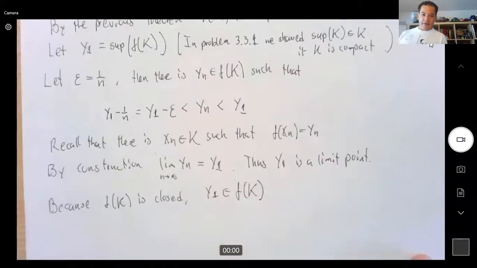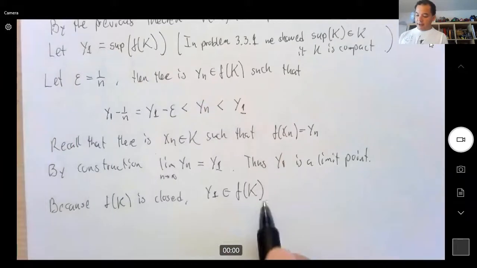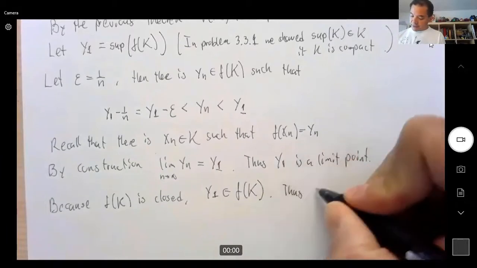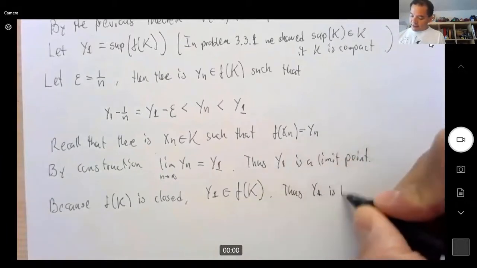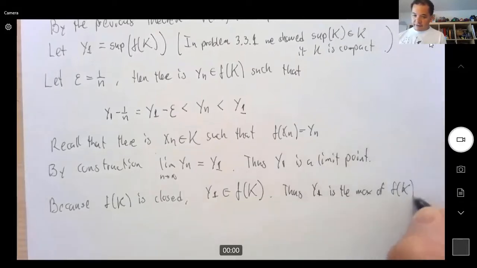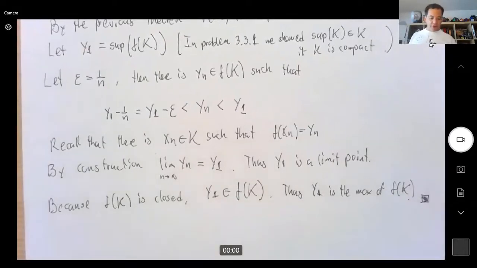And that's it. Because it is a supremum and belongs to the set, therefore it's the maximum. Because y1 is the max of f of k. And we are done. I mean, you can do the same with infimum and minimum and get the other part.